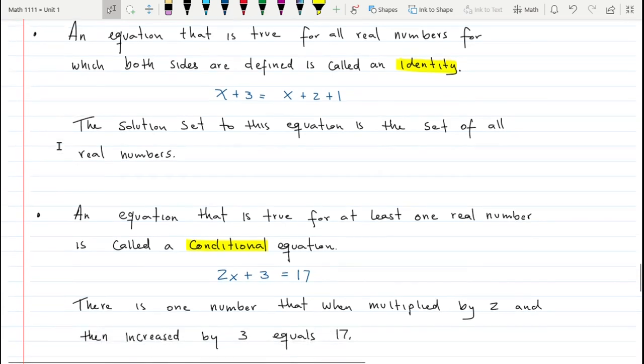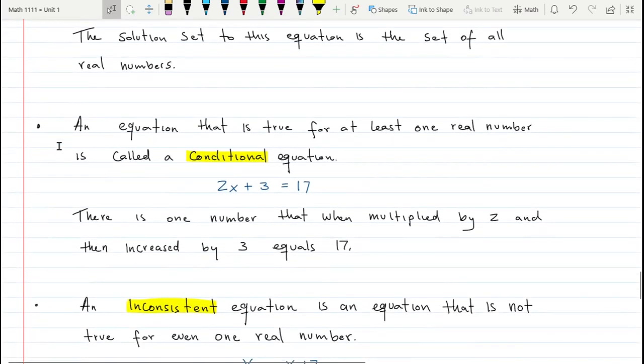The second type is an equation that is true for at least one real number, and that's called a conditional equation, or one of the most common, where it only has one solution. For example, 2x plus 3 equals 17.